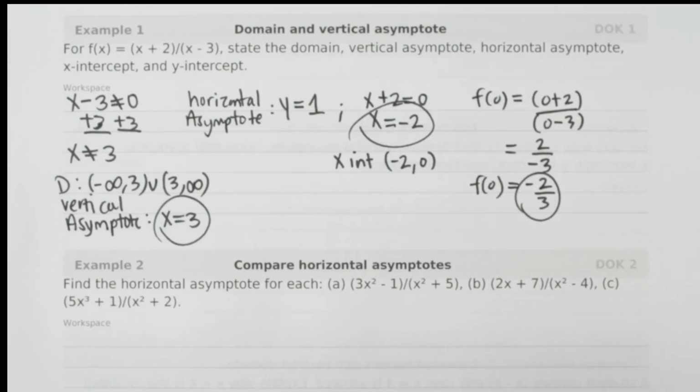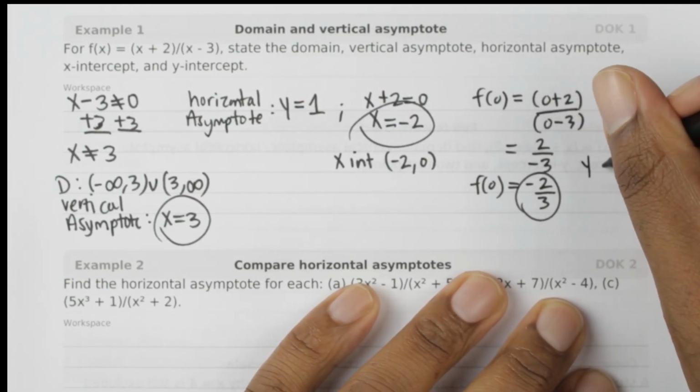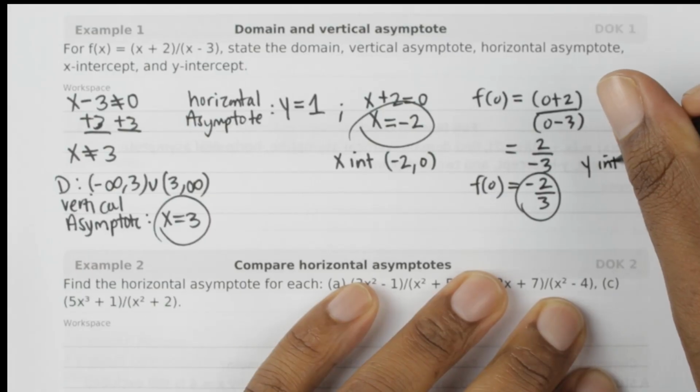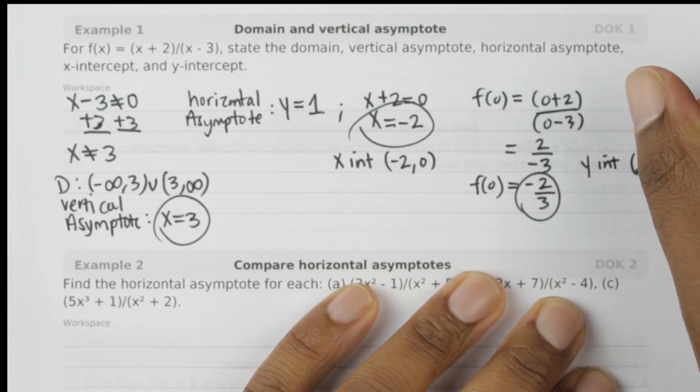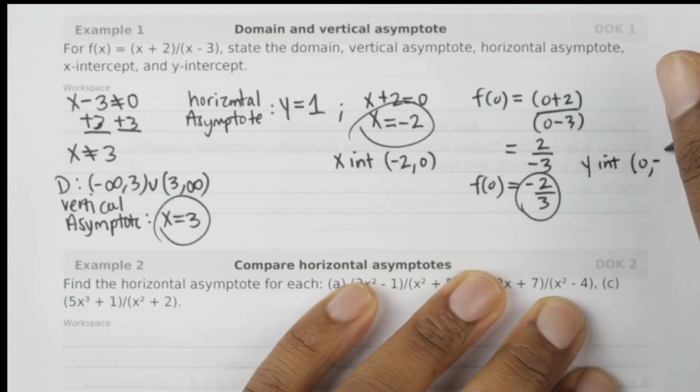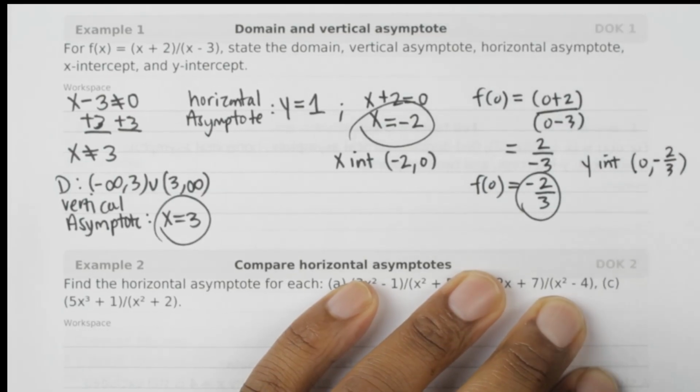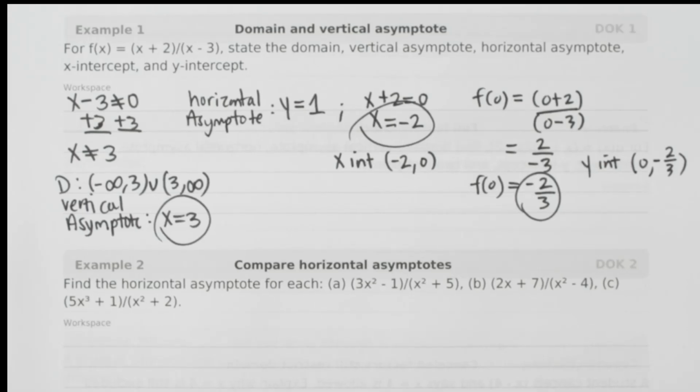Okay, so the y-intercept is 0 comma negative 3. Right?